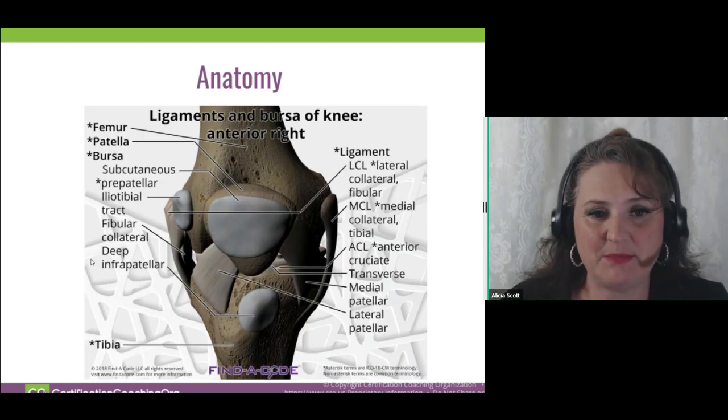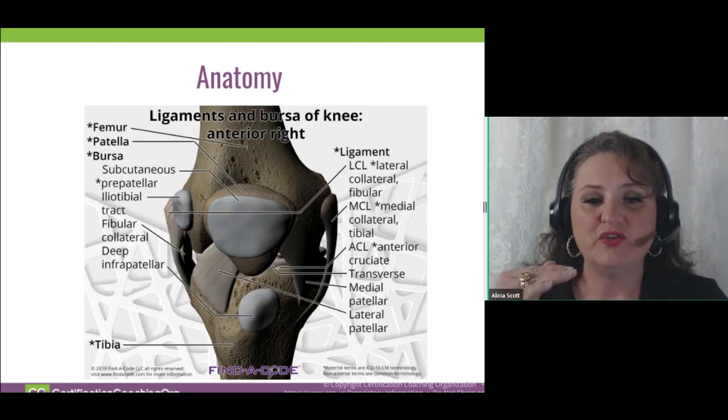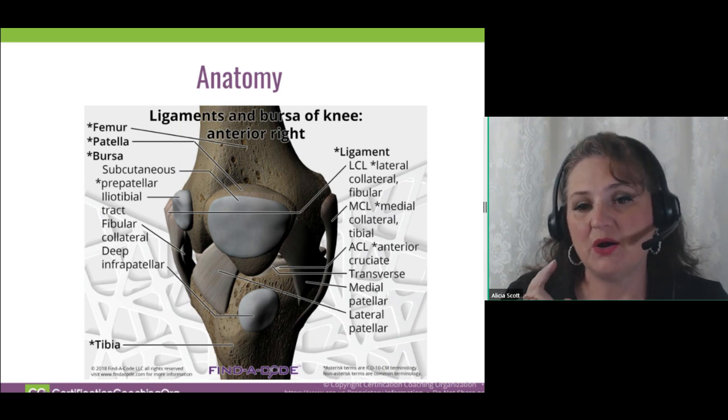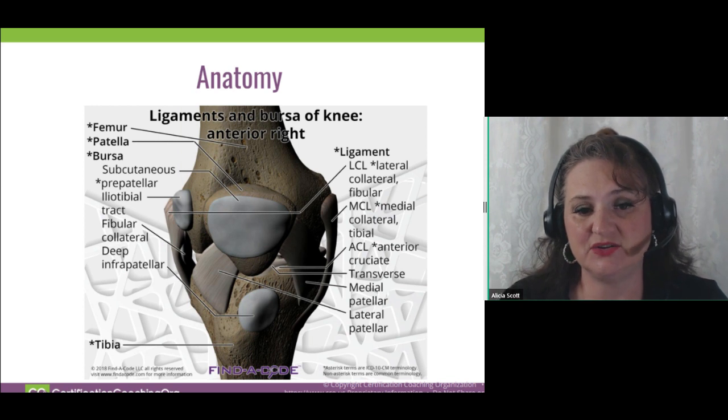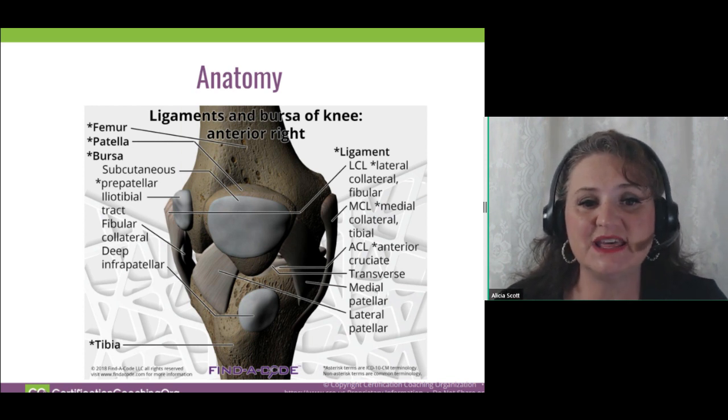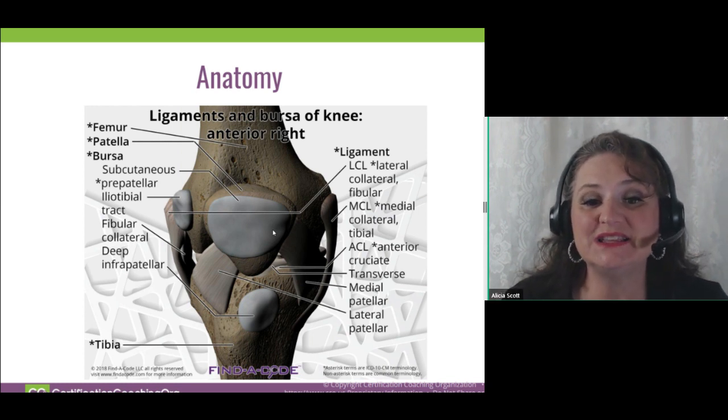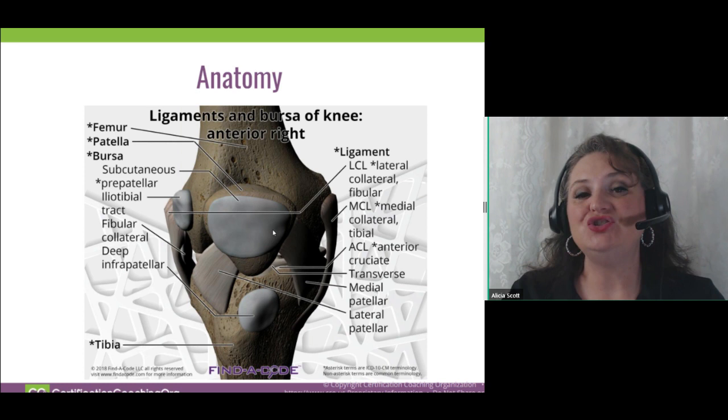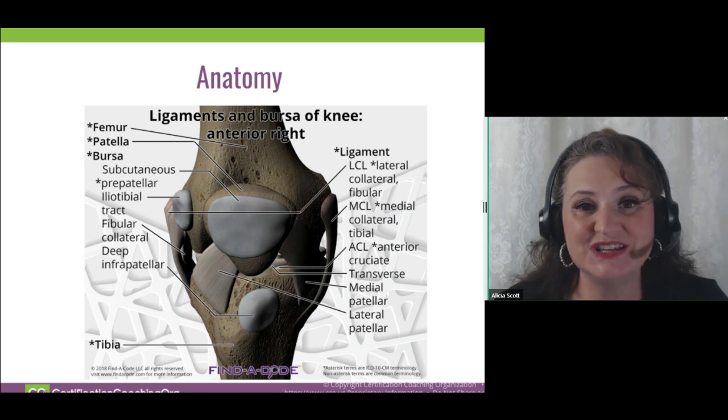Now back to anatomy. We've gone over the basic structures, but the reason this one really stood out to me, besides the fact that I love Find a Code, is that it shows all the bursa areas, and that is something that you hear in the documentation that you don't usually talk about.